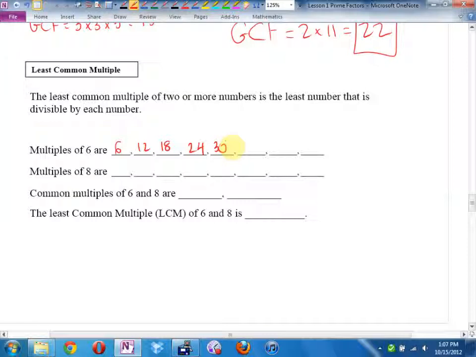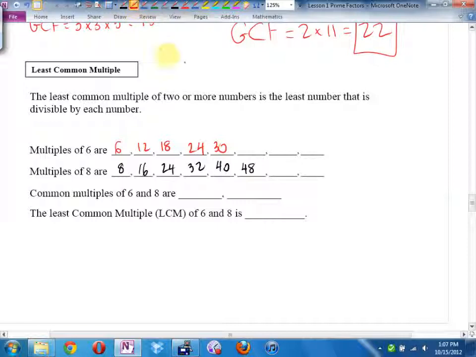Multiples of 8 are, well, what's 8 times 1? Then 16, then 24, 32, 40, etc. Oh, let's keep going. Let's add 48.